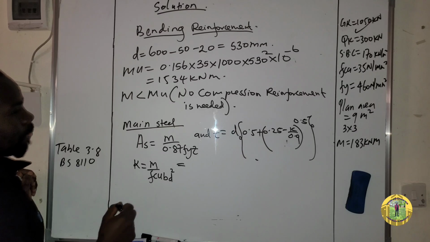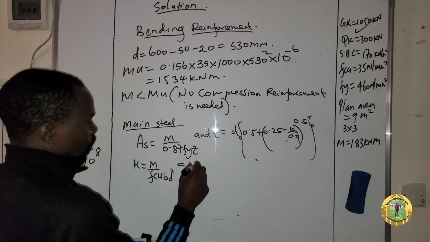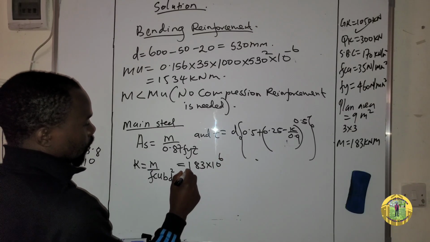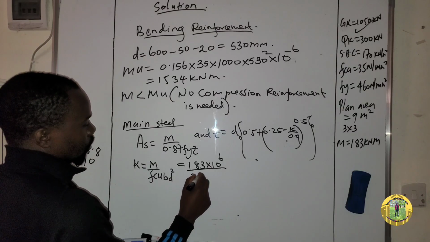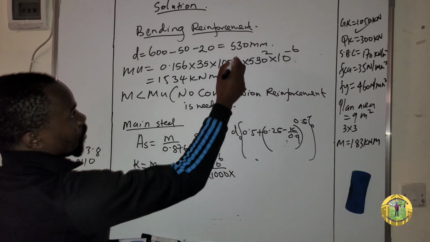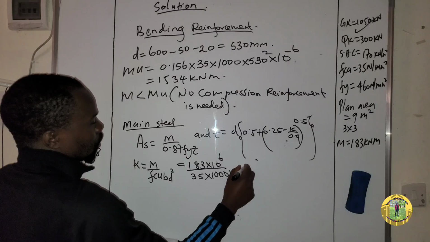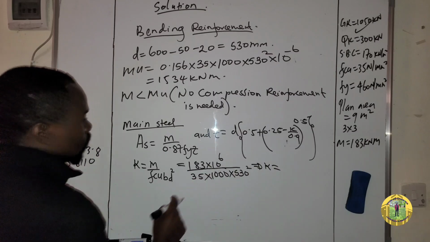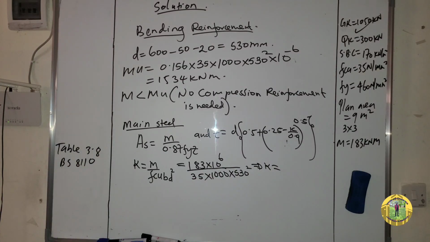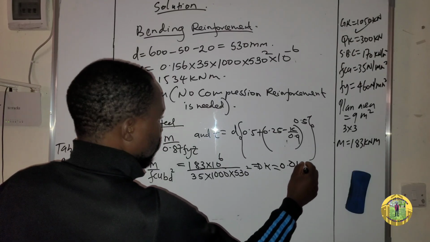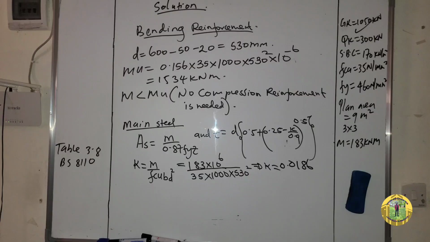So this one is equal to M, 183 times 10 raised to power 6, change from kilonewton meter to Newton millimeter, over FCU is 35 times B is 1000 times D 530 squared, which implies K is equal to 0.0186. So this is our K.